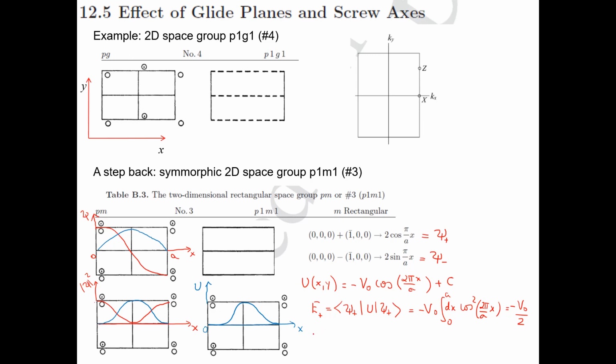So but now when I calculate the energy for the odd solution, this basically is going to be proportional to the integral of, now I'll have sine 2 pi x over a times the cosine 2 pi x over a, and this is going to be 0.